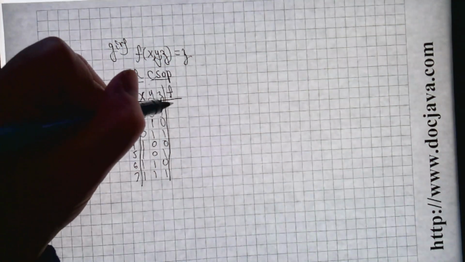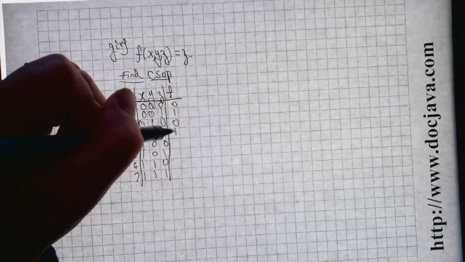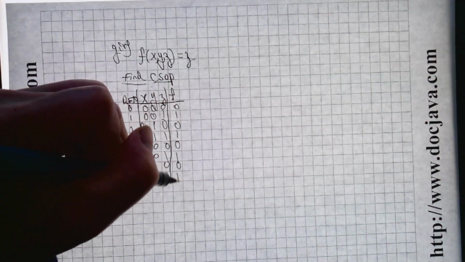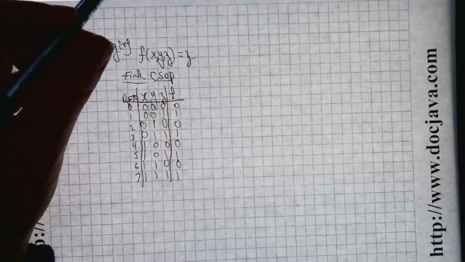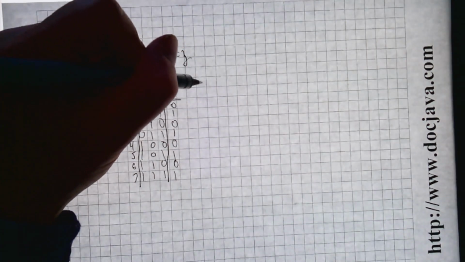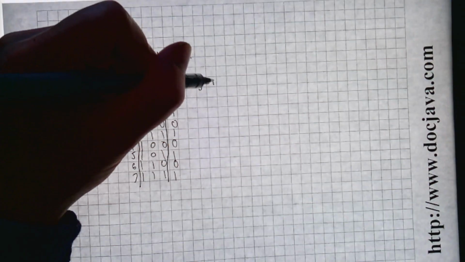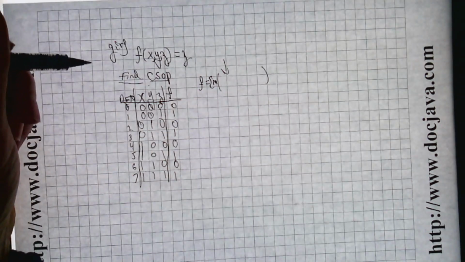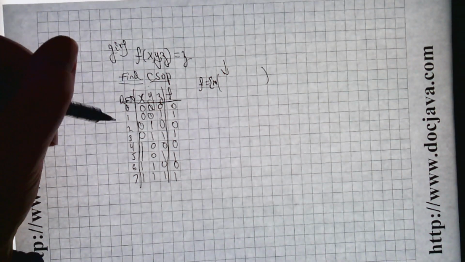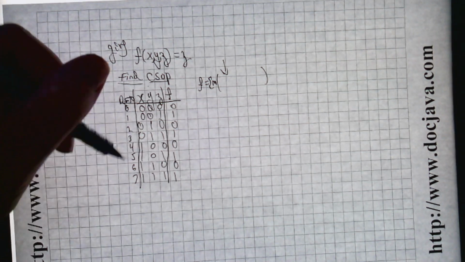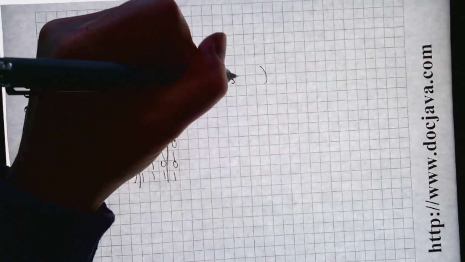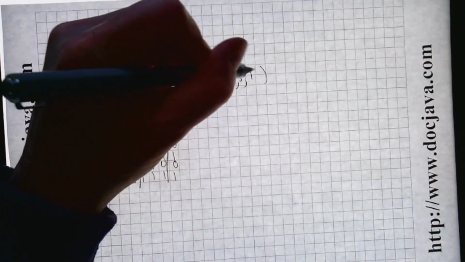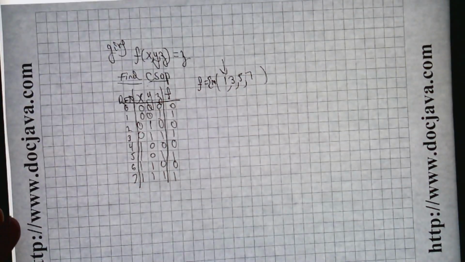There you go. And so then, F equals sigma M of, what do I put in this part? There you go. That's it. You do know how to do this.